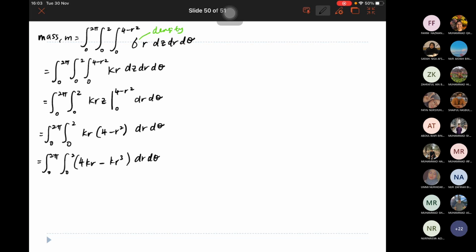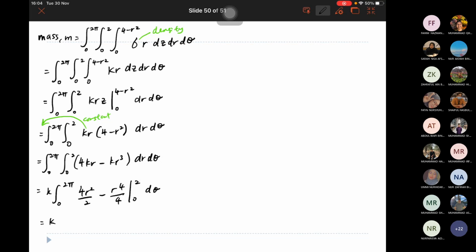Kalau nak keluarkan K boleh juga sebab K is a constant. Boleh keluarkan, kalau keluarkan lagi senang sebenarnya. So saya nak keluarkan lah. K, 0 sampai 2 pi, integrate 4R kuasa 2 per 2 tolak R kuasa 4 per 4 d theta.